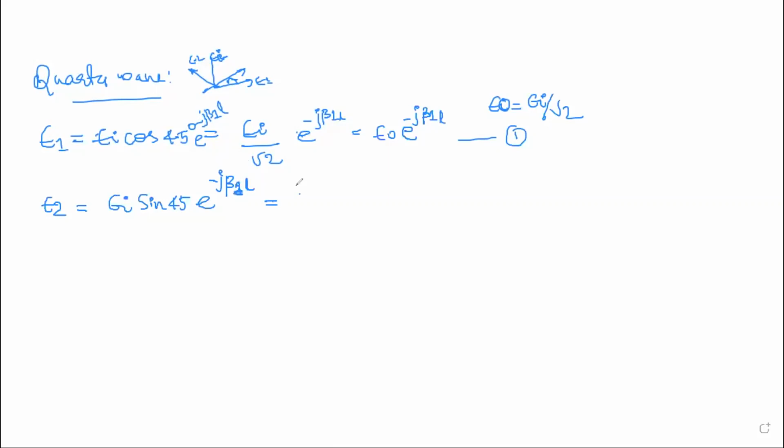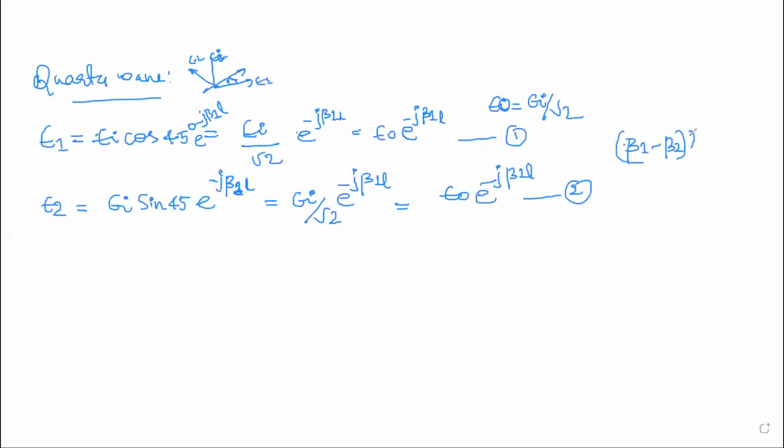So E2 will be Ei by root 2 sin 45 e to the power minus j beta 1L, or this is also equal to E naught e to the power minus j beta 1L. But we know that there will be two components giving the phase shift. So the differential phase shift, which is nothing but beta 1 minus beta 2 into L, is equal to 90 degrees.